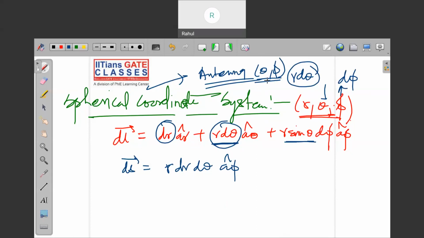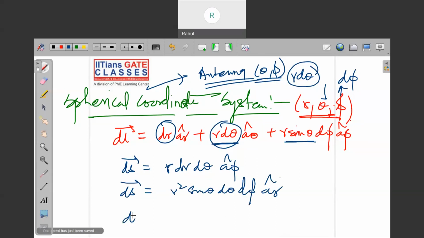The polarization will depend upon theta and phi. Many more things, directivity and everything. So keep this in mind. So ds equal to r dr d theta, and ds can be written as, multiplying these two right now, r squared sin theta d theta d phi, and what is constant here is a r.